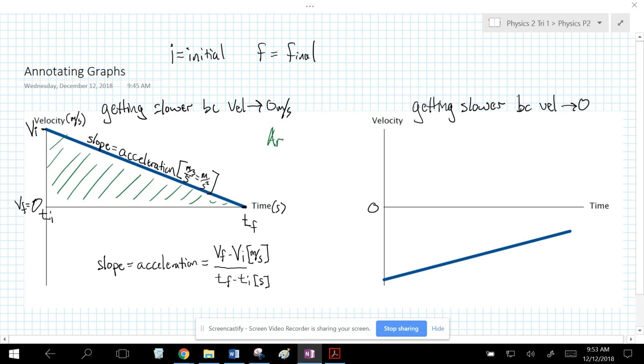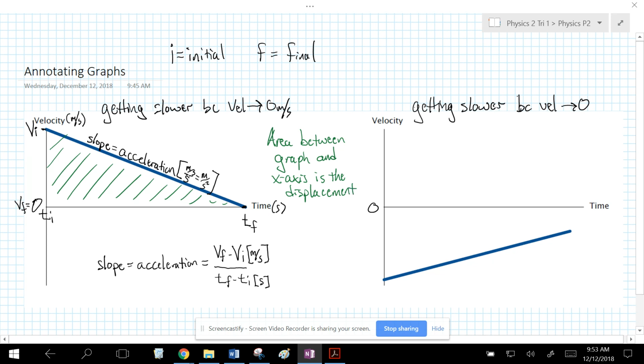So the area between graph and x-axis is the displacement, okay? So I want that whole area.